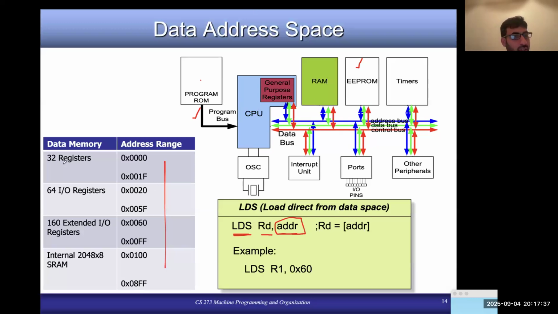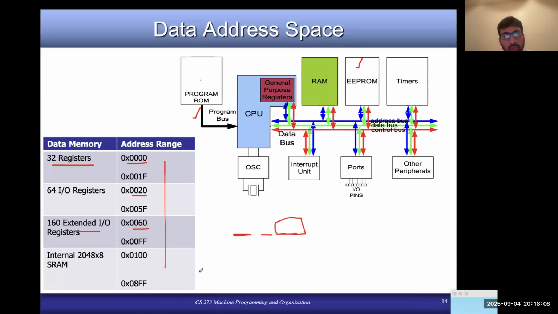Remember, the 32 general purpose registers use addresses from 0x0000 to 0x001F, and then the range starting from 0x0020 is for the 64 IO registers, and 0x0060 is your extended IO register. So you are basically saying read a value from this extended IO register, which has address 0x0060, into R1.